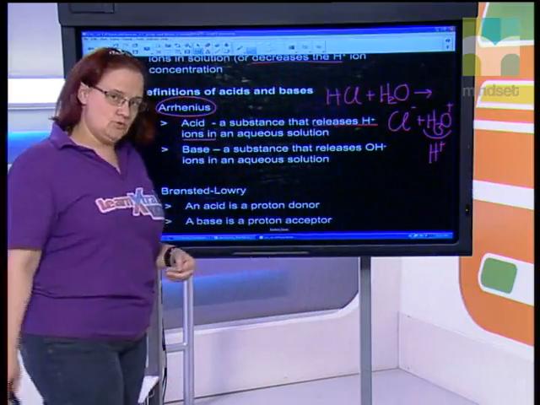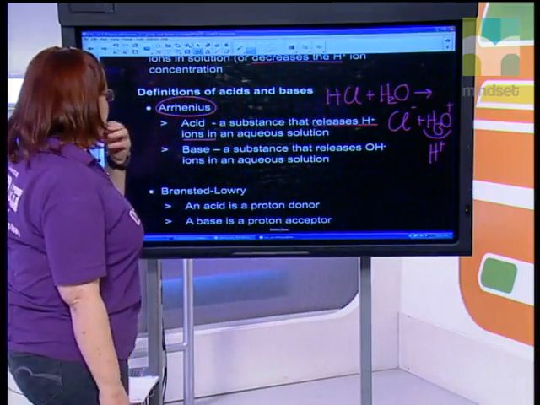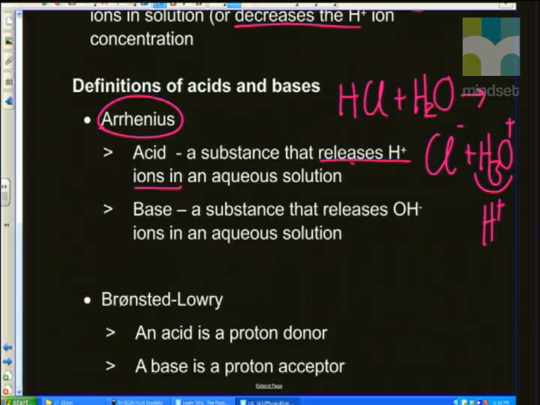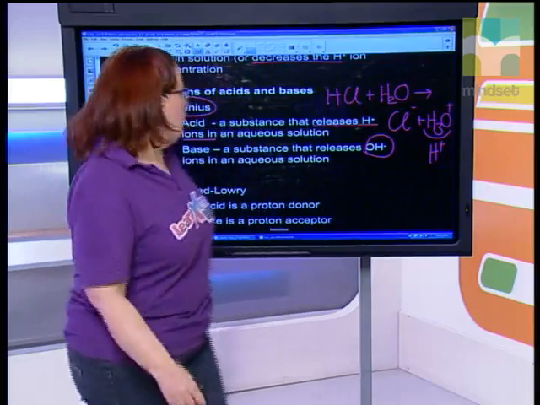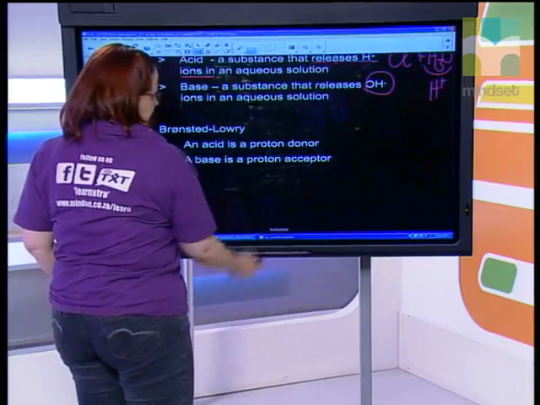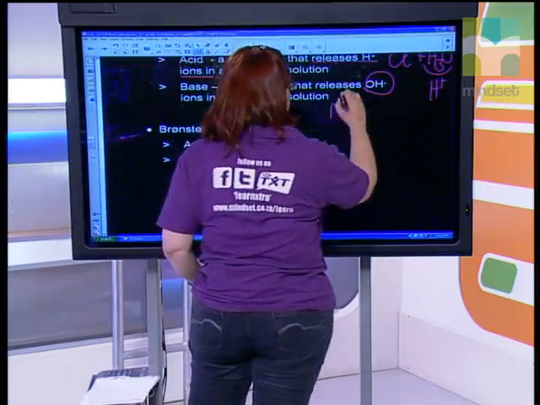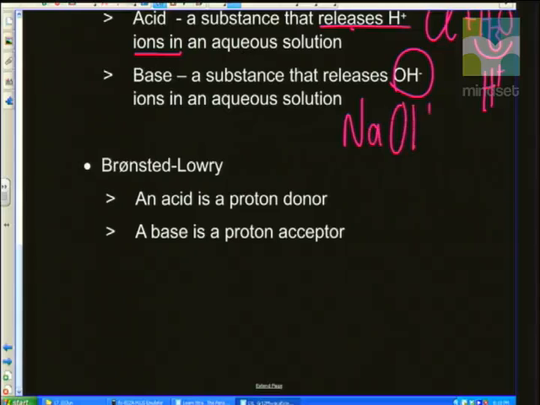Then we come to his definition of a base. And he said a base is a substance that releases OH minus ions in a solution. That's okay when you are looking at sodium hydroxide. It's got OH in it, and when it dissolves, it ends up as Na plus and OH minus.